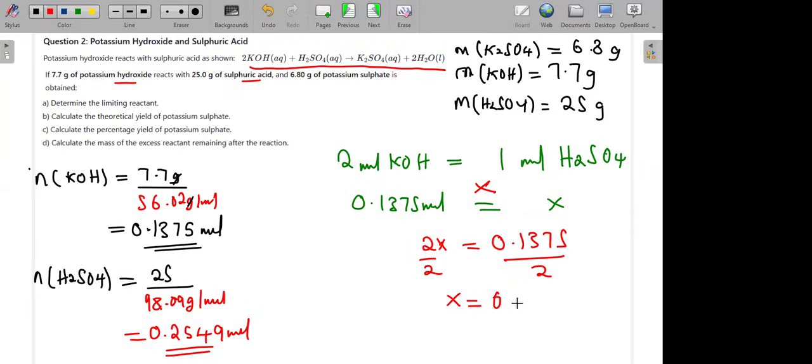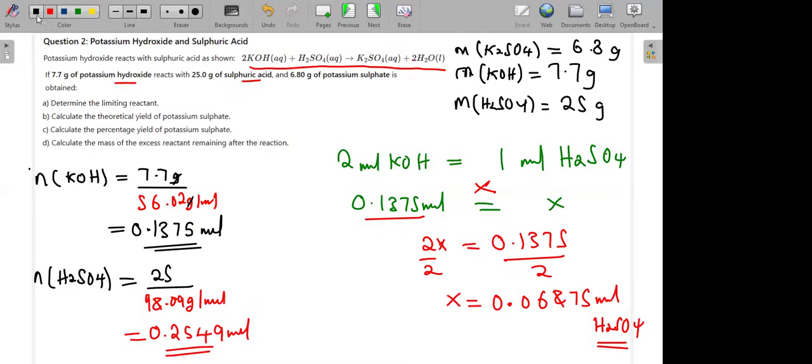So that gives me 0.06875 moles of the sulfuric acid. So this tells us that 0.1375 moles of potassium hydroxide only needs 0.06875 moles of sulfuric acid.